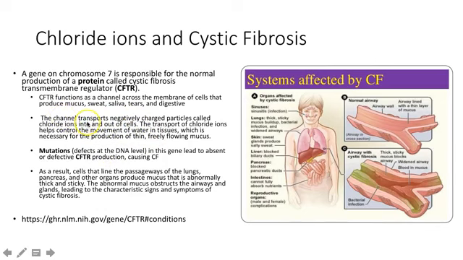If you do not have the proper channels to move chloride in and out of cells, what ends up happening is that you end up forming very thick mucus. So you can see this, the transport of chloride ions helps control the movement in tissues, which is necessary for the production of thin, freely flowing mucus. So you have lots of thick mucus that affects all sorts of areas in the body, because as we've been talking, it's not just in your sinuses, you're producing it throughout your body.